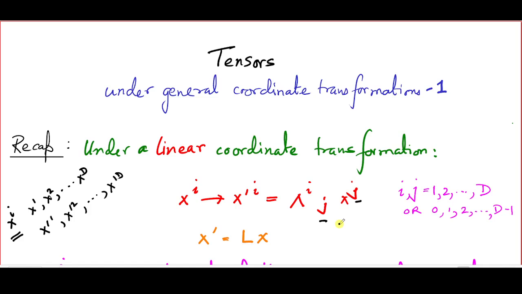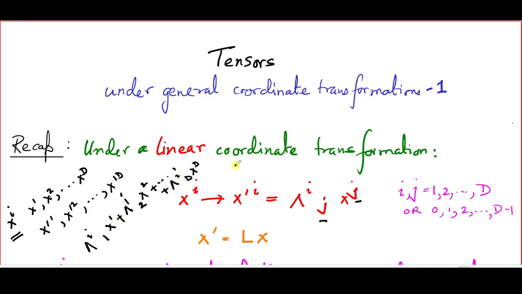So j here takes all its allowed values, 1, 2 all the way up to d, or 0, 1, 2 all the way up to d minus 1 as the case may be, and assuming it's 1, 2 all the way up to d, this really means lambda^i_1 x^1 plus lambda^i_2 x^2 all the way up to lambda^i_d x^d.